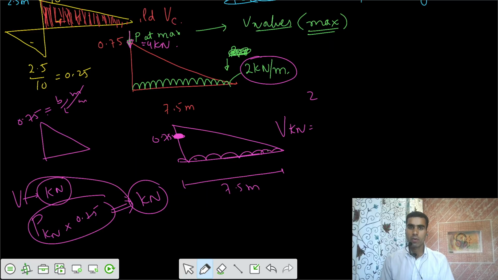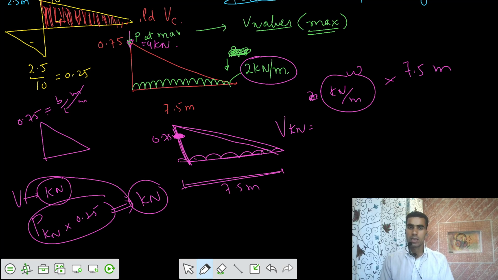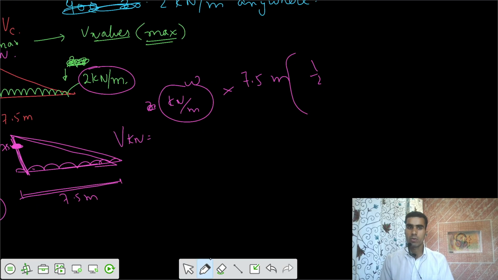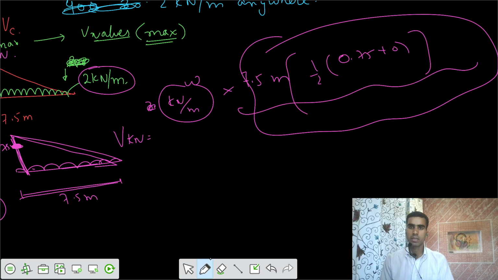So if we have some kilonewton per meter UDL, that is W, and I multiply it with some length L, and because the ordinate is varying, I can take the average ordinate, 1 by 2 of 0.75 plus 0. That's the area of the triangle, and this is the intensity.